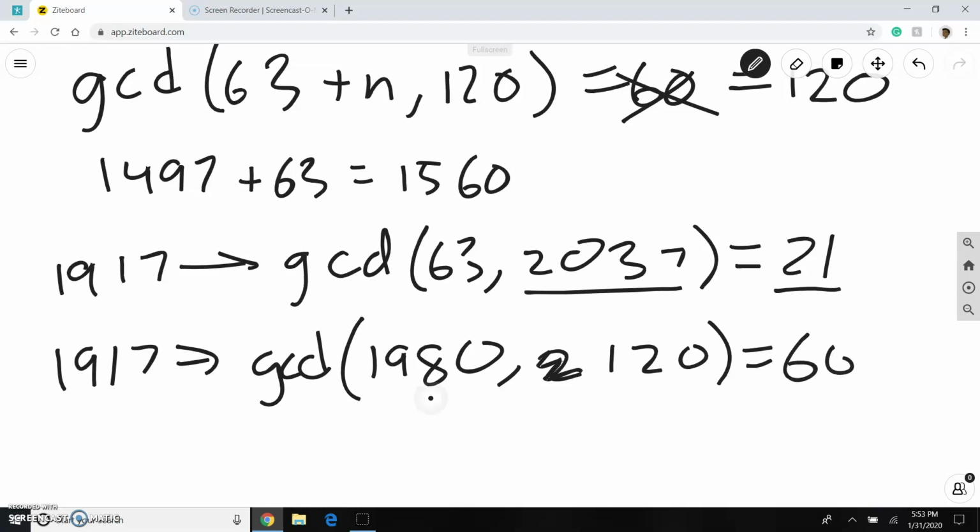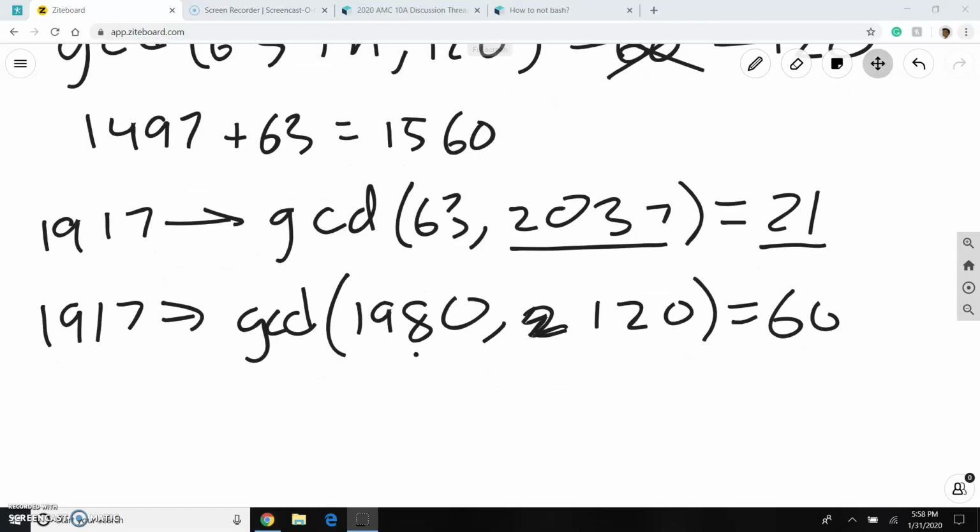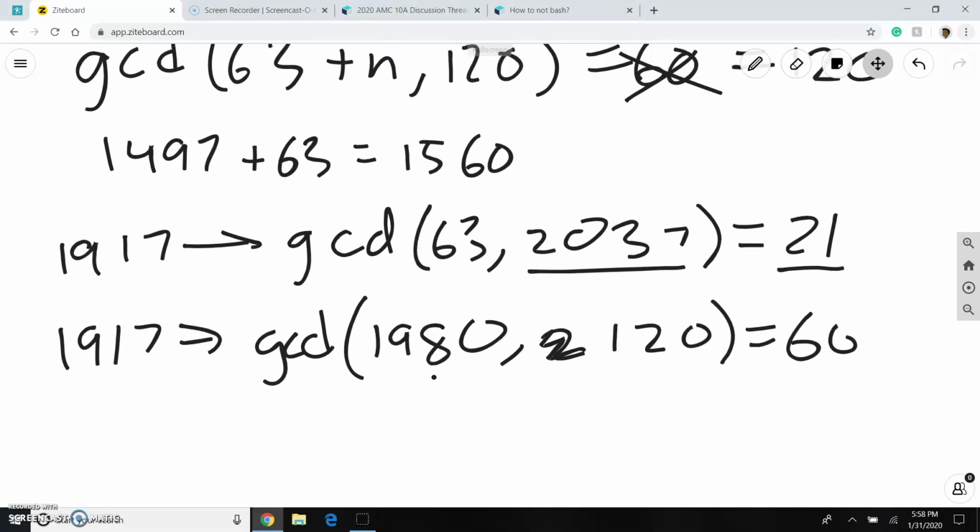And the reason is that 1980 is not a multiple of 120, which ensures that this is 60 and not 120. So we get that the value 1917 does in fact work.